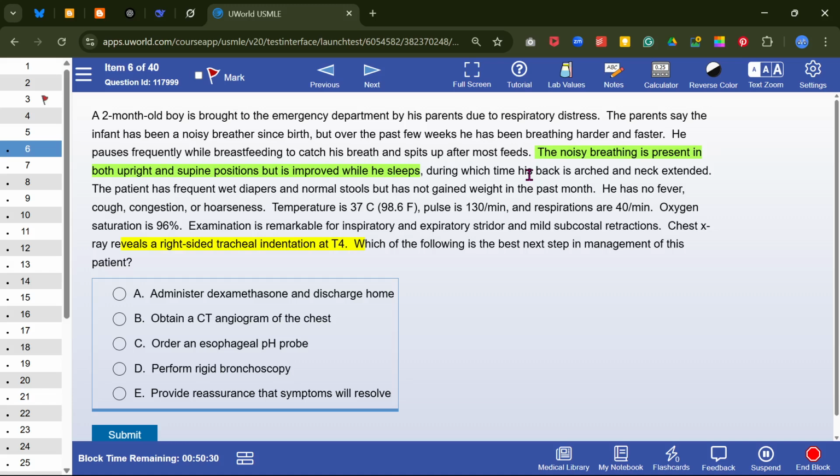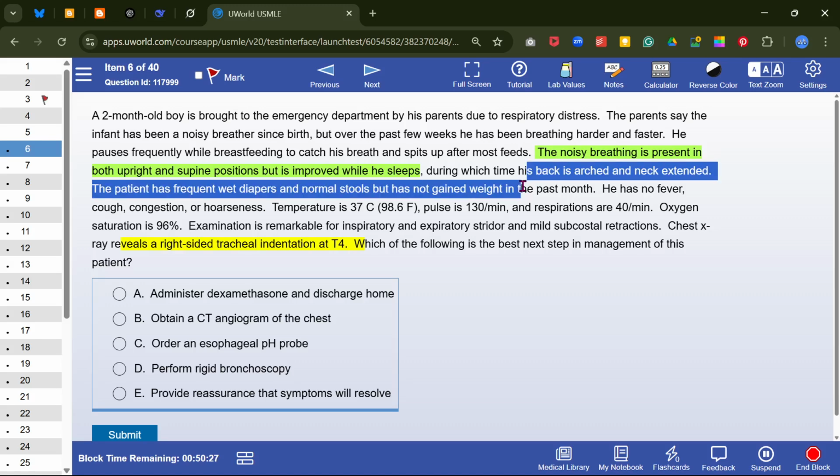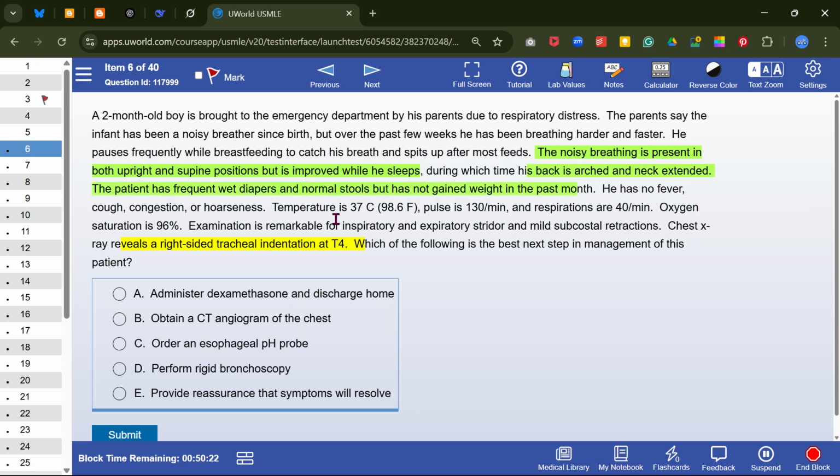His back is arched, neck is extended, patient frequent diapers. He pauses frequently while breastfeeding to catch breath.